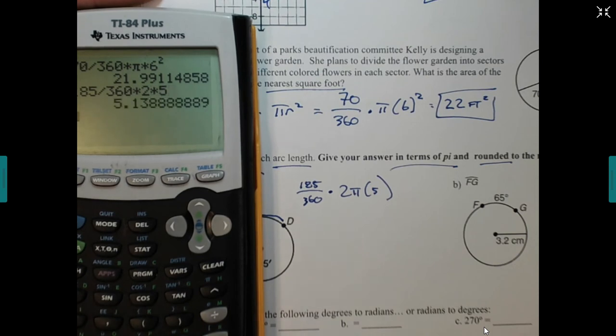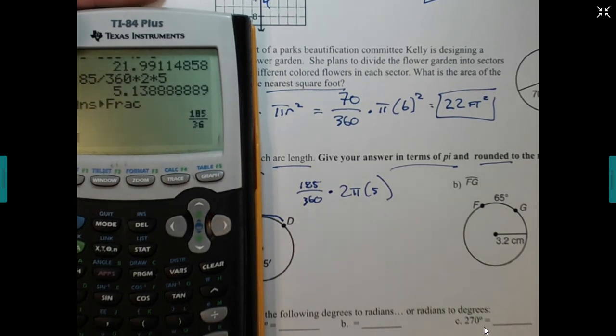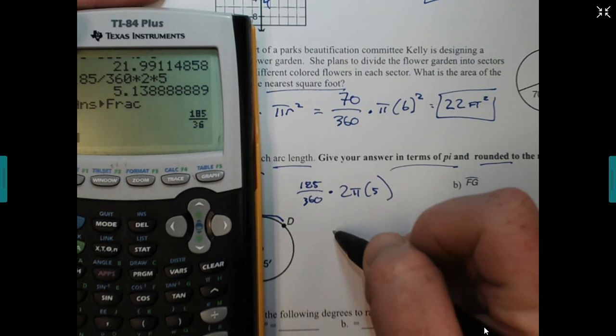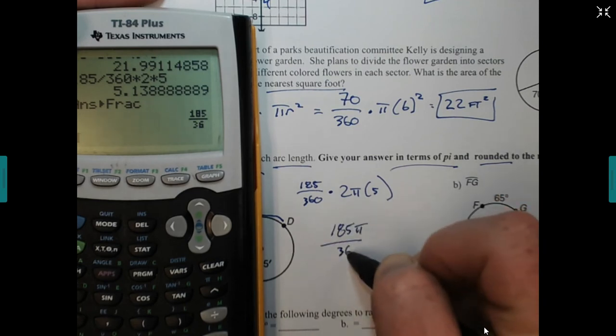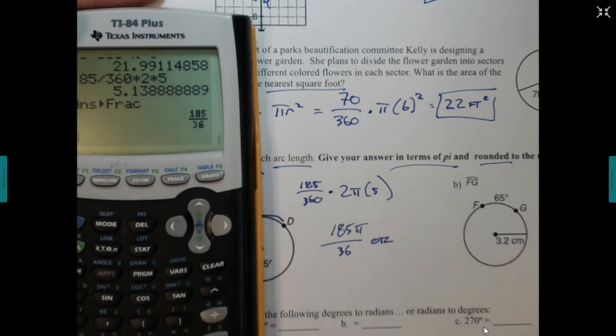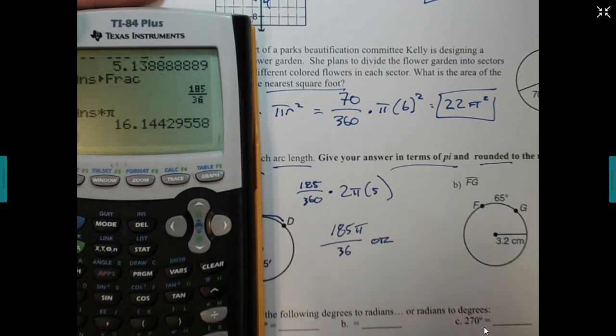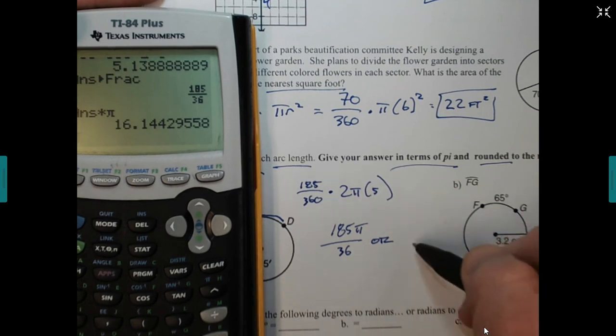Let's see if we can get a good fraction. That's 185 pi over 36. Or I just plug pi in there. To the nearest hundredth would be 16.14.